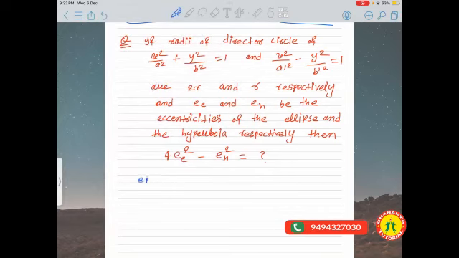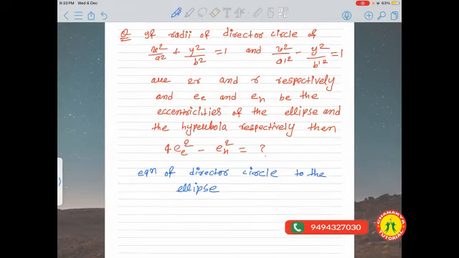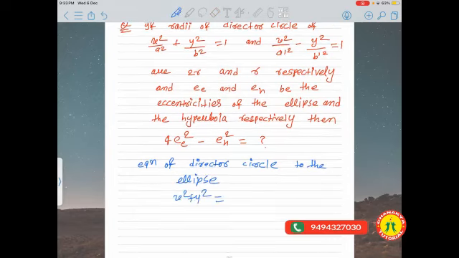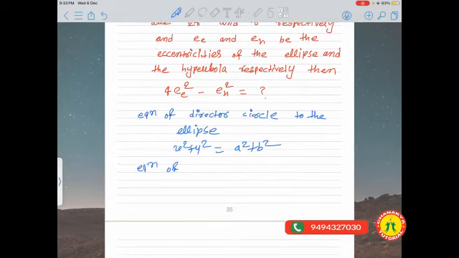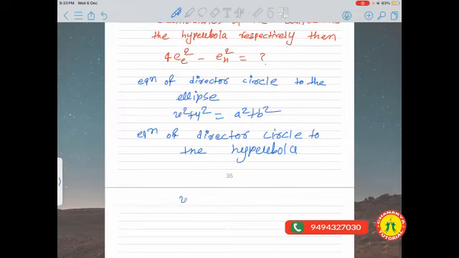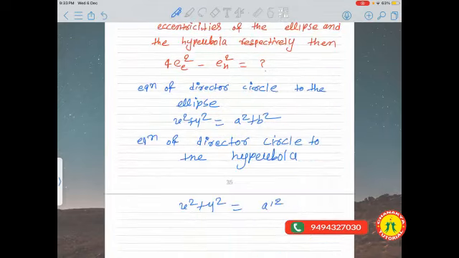I am writing it: the equation of the director circle to the ellipse is x square plus y square is equal to a square plus b square, we need to remember. And the equation of the director circle to the hyperbola, which we discussed today, is x square plus y square is equal to a dash square minus b dash square.